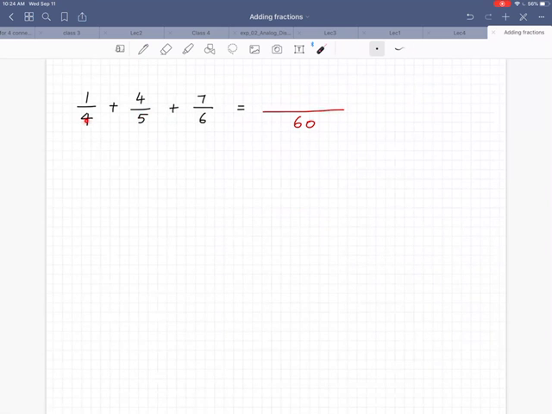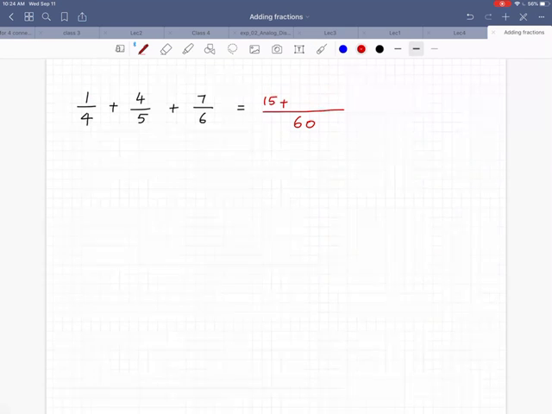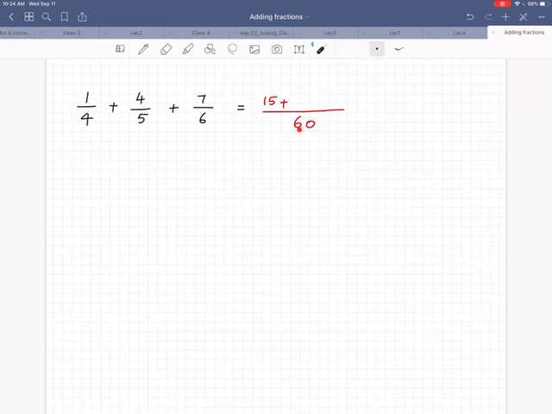Now I know that 4 times 15 is going to be 60, and then 15 times 1 is going to be 15. 5 times 12 is going to be 60, and 12 times 4 is going to give me 48. 6 times 10 is going to be 60. 10 times 7 is going to be 70.